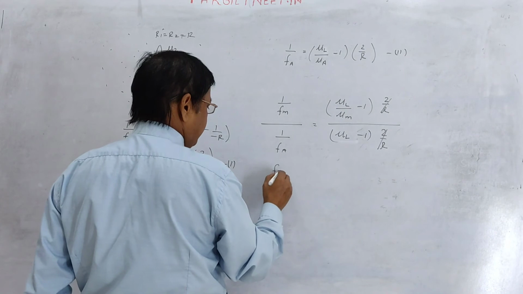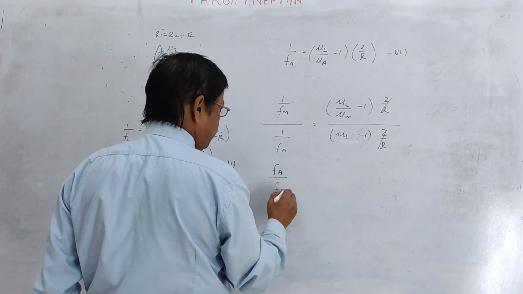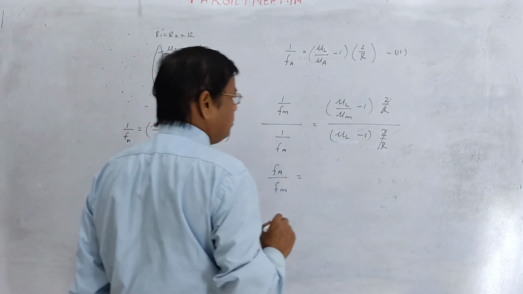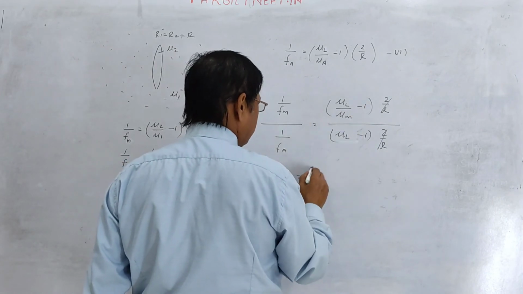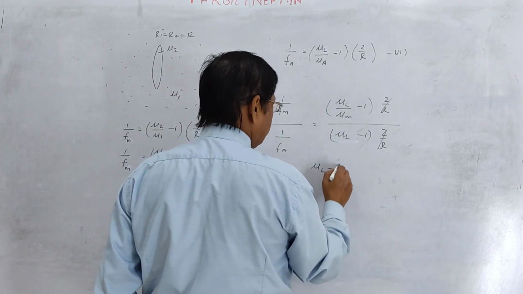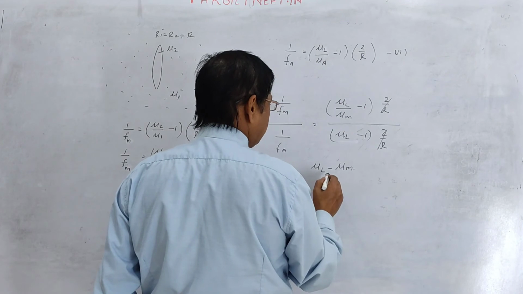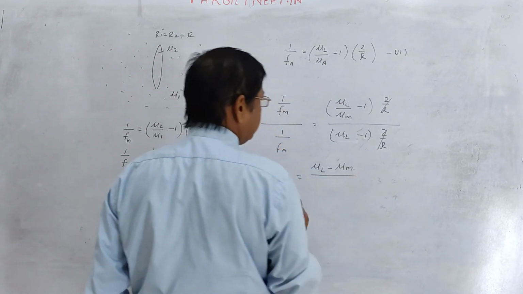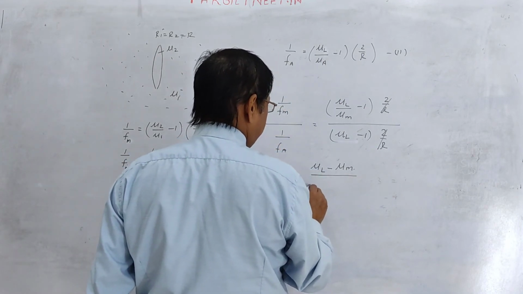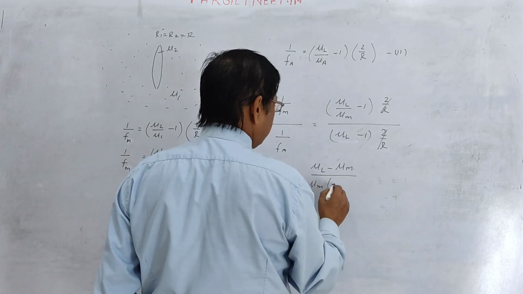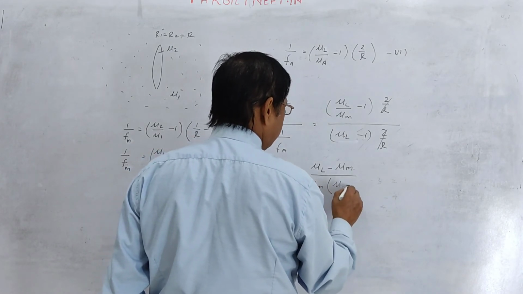So it is F air upon F in medium is equal to, if you take LCM, so it is mu L minus mu medium divided by mu medium into mu L minus 1.